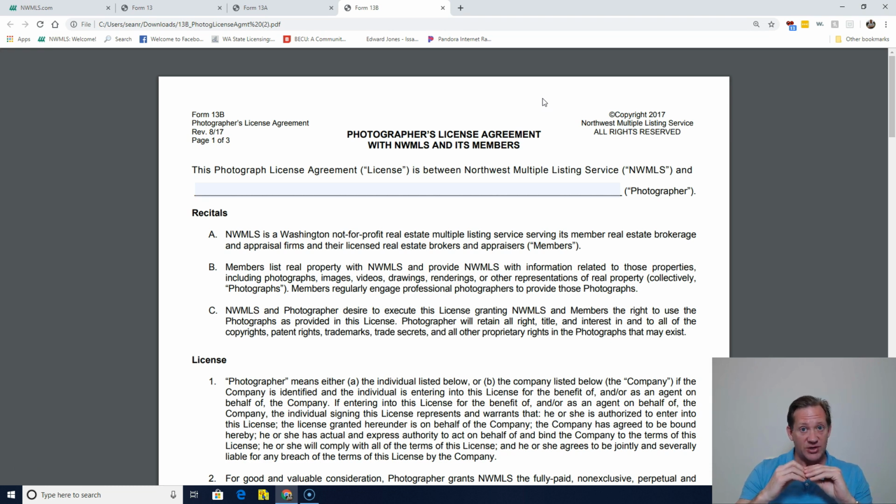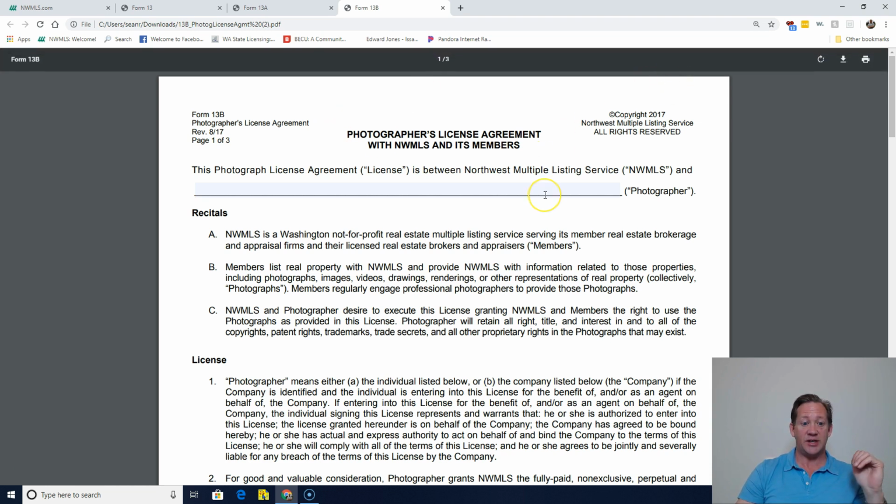If you're working with a new photographer, by all means, have them sign this form and send it into the MLS. That way, the next brokerage they work with will already have an agreement online, and everybody's on the same page if they're already in agreement with these terms.